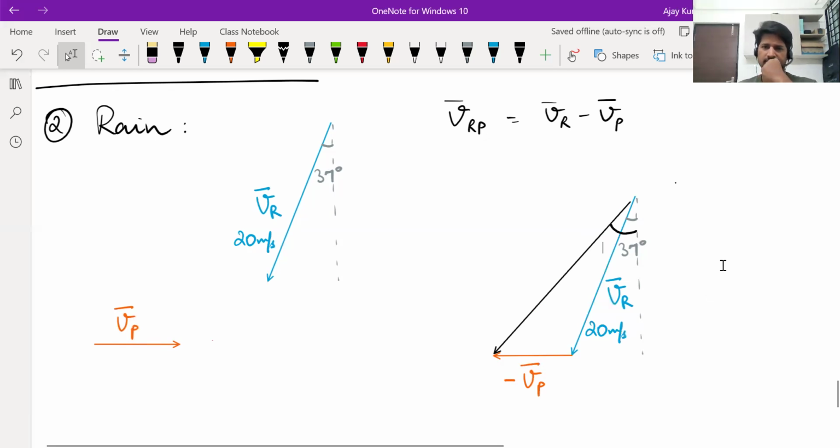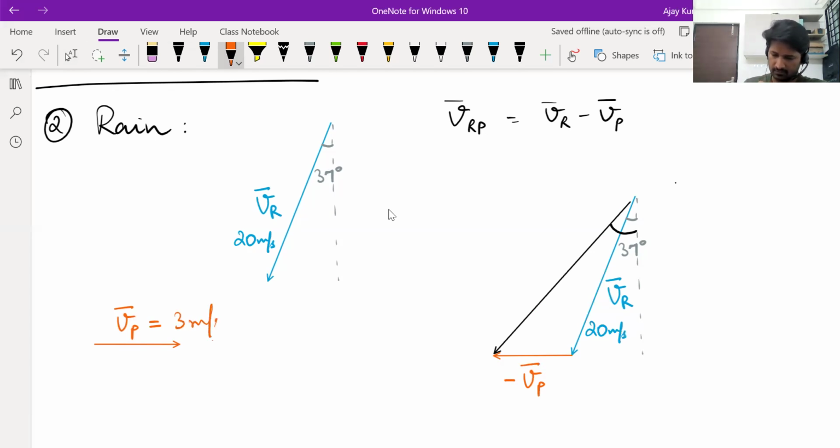Okay. Fine. Take one question based on this. Let's say the speed of the person is, let's use some practical values, okay, 3 meters per second. Same thing that you found in the last question.